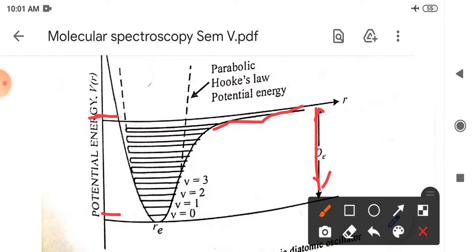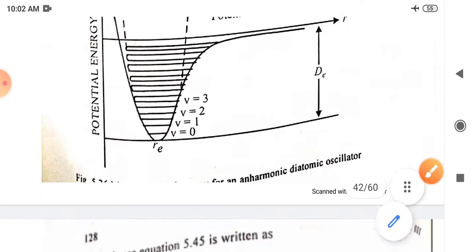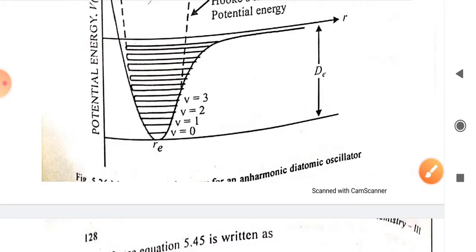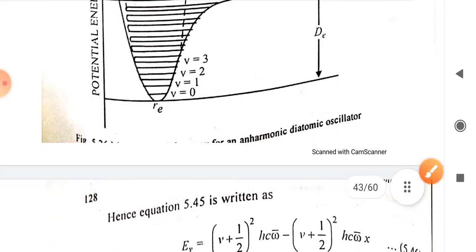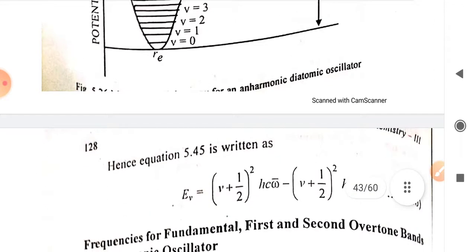We also have the distance r, which remains constant after some value; whatever the distance is, we simply call it the maximum bond length that can be attained in the given molecule, and this is the equilibrium bond length. So the molecule will try to stretch and regain its equilibrium value.